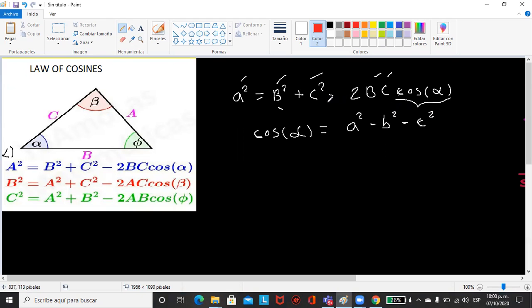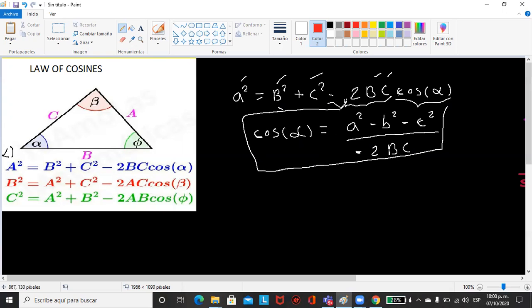So now we have this negative 2bc. This one is multiplying, so if that is multiplying, pass to the other side dividing. So it is dividing by minus 2bc.